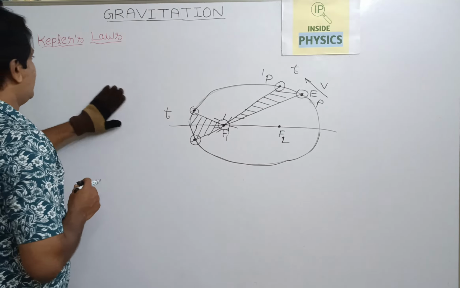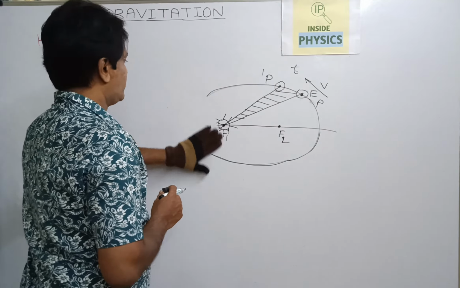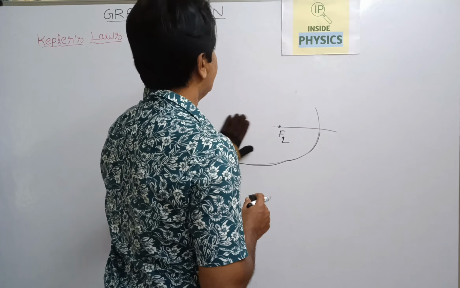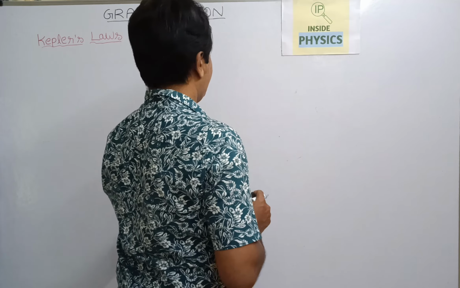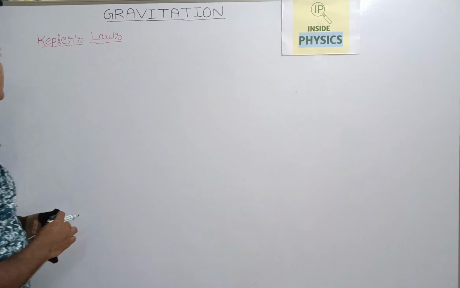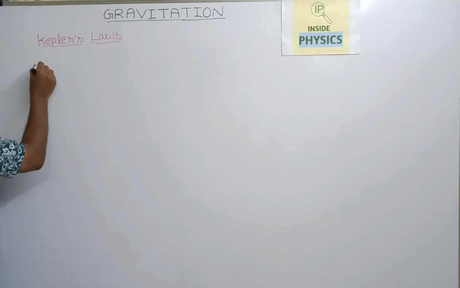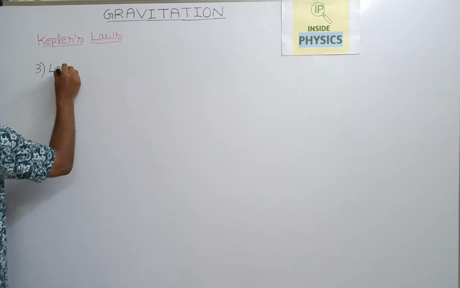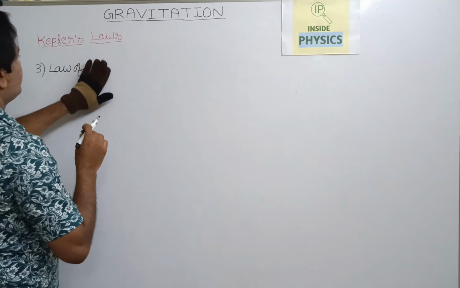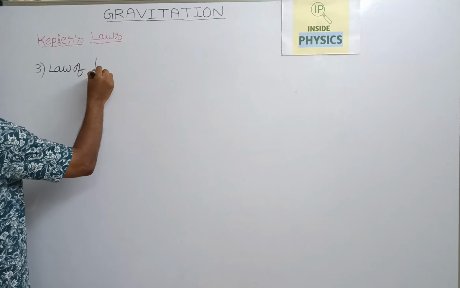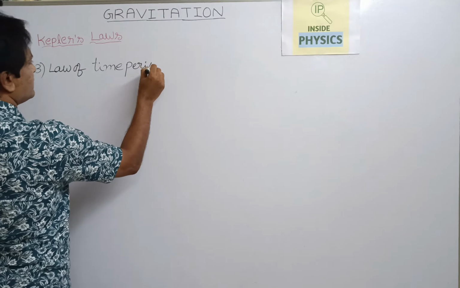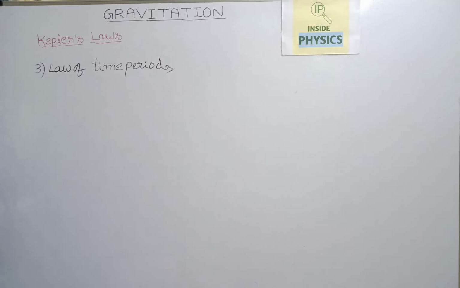And what about the third law? Kepler's third law says a relation between the time period of a planet and the semi-major axis. The third law is the law of periods, that means law of time periods.